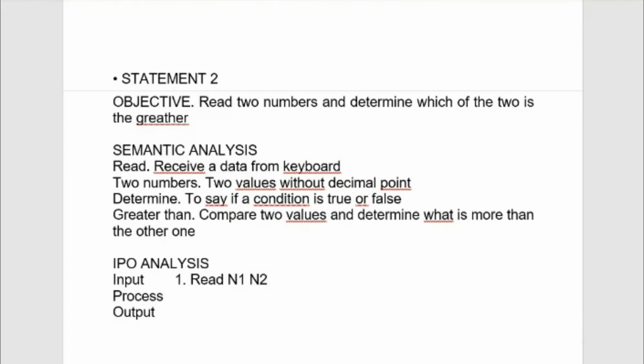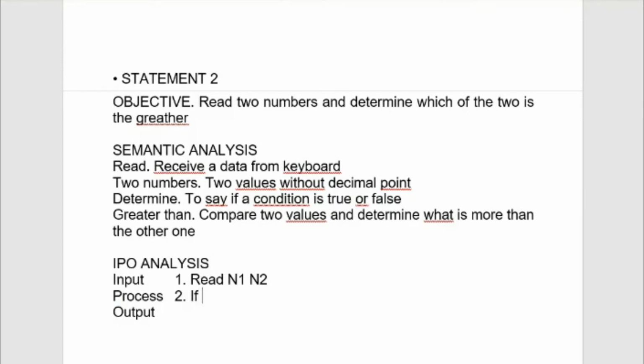Remember, that means read one number and store it in a variable named N1 and read another number and store it in a variable named N2. In computers, it's very easy. Read N1, N2. Then, second step, step number 2.